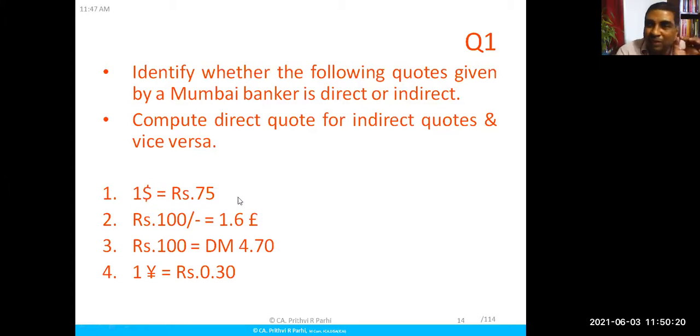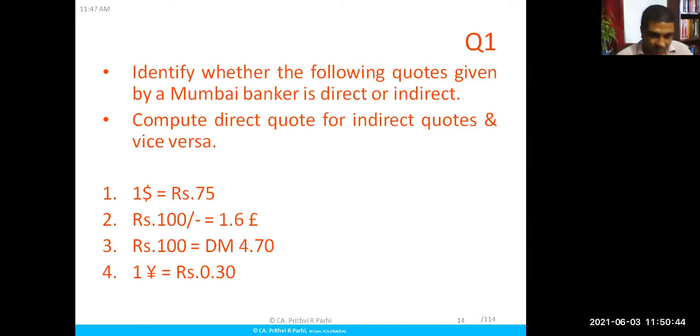Home by foreign means what? Home currency per unit of foreign currency. So 75 home currency you are giving per unit of dollar. So what is this, direct or indirect? Direct. What is the corresponding indirect quote? Use your calculator.